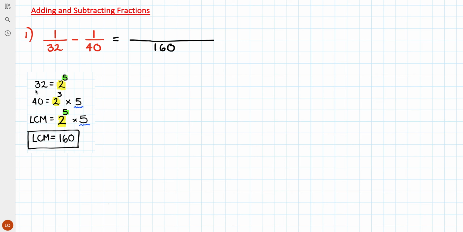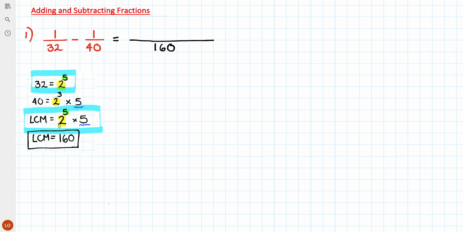Agree? Now, if I'm going to focus on this 32, let's look at the 32. Let's look at what 160, that is this bit here, has that 32 doesn't have.